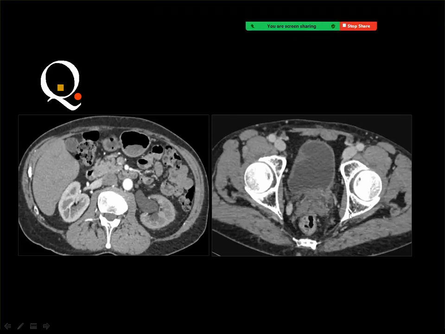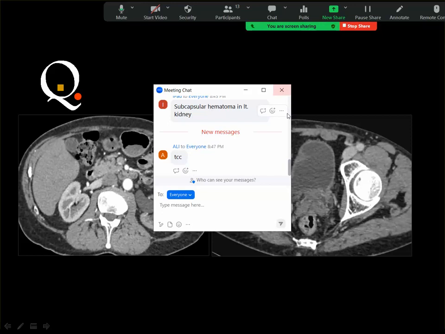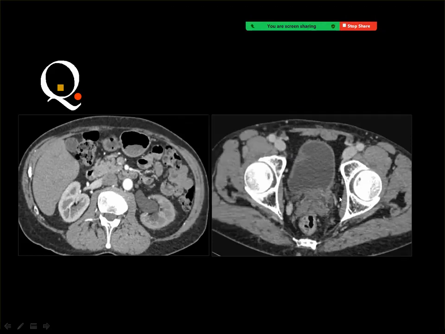Okay, in this section, you can see there is an ill-defined soft tissue mass, and this is originating from the posterior wall of the urinary bladder and has extended outside the bladder, invading the seminal vesicle and most likely invading the ureteric orifice as well.